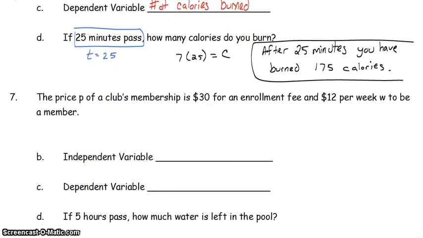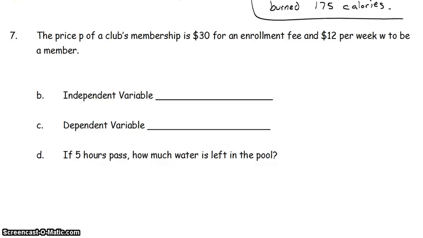The last problem says that the price, P, of a club's membership is $30 for an enrollment fee and $12, here's our keyword, per week. So I'm going to multiply 12W, which we said was weeks, to be a member.